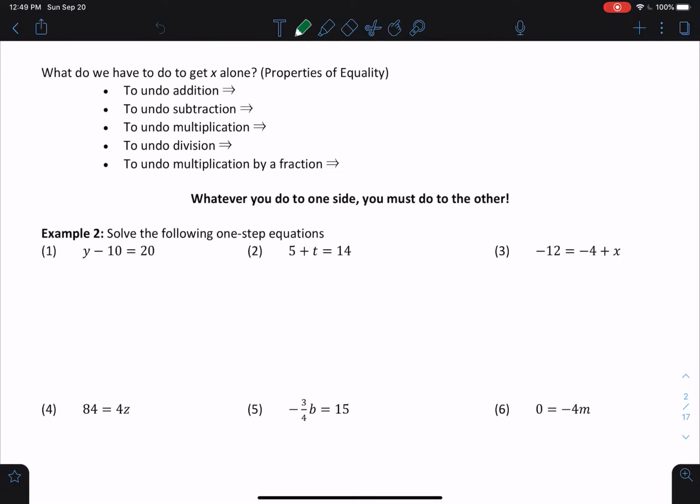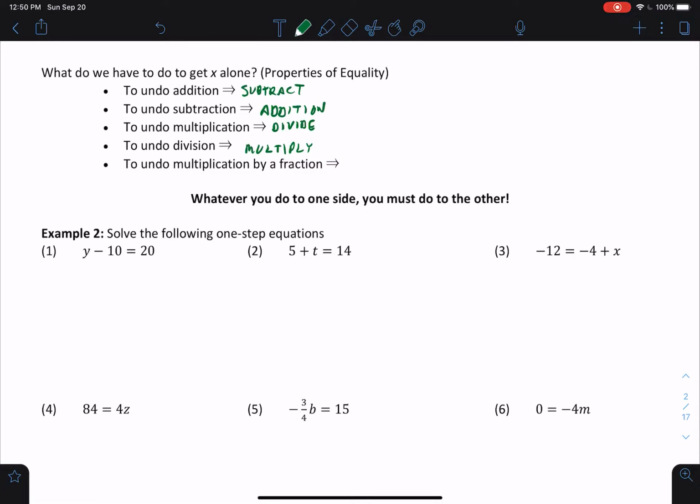So if something's being added to my variable, how do we undo addition? We subtract. To undo subtraction, we use addition. We add. To undo multiplication, we divide. To undo division, we multiply.